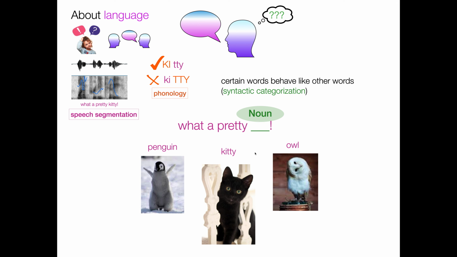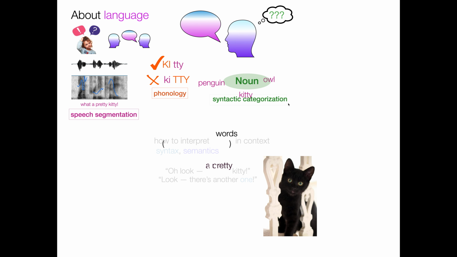These types of words are all the same category of thing, which again we might call a noun. And so we know that certain words behave similarly because they're part of the same syntactic category. That's another type of thing that we know, how to syntactically categorize things appropriately.